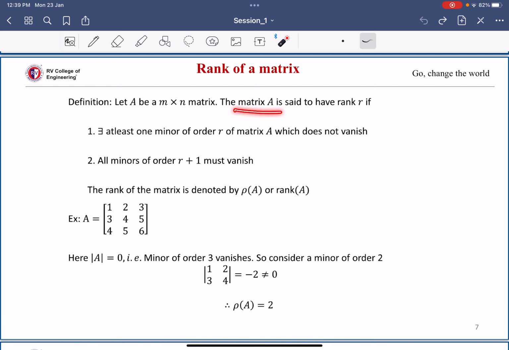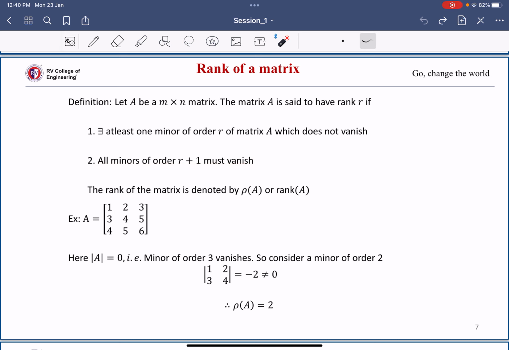So the matrix A is said to have rank R if there exists at least one minor of order R of the matrix A which does not vanish, and all minors of order R plus 1 must vanish.